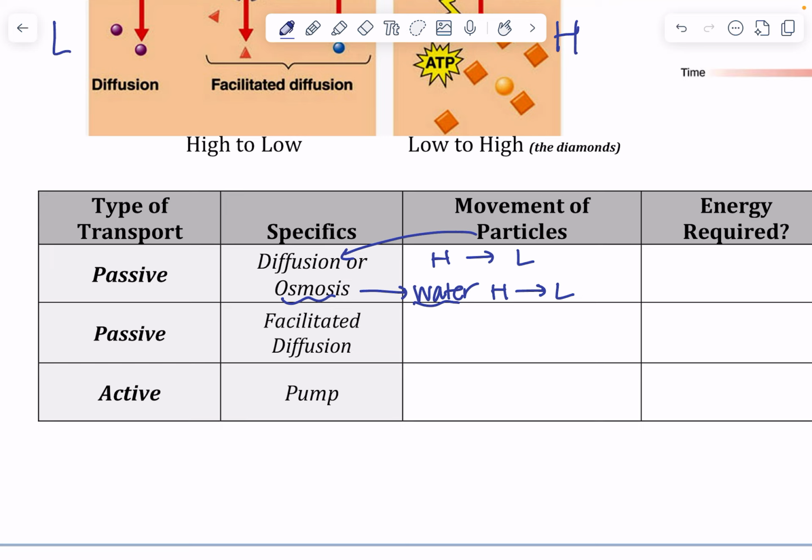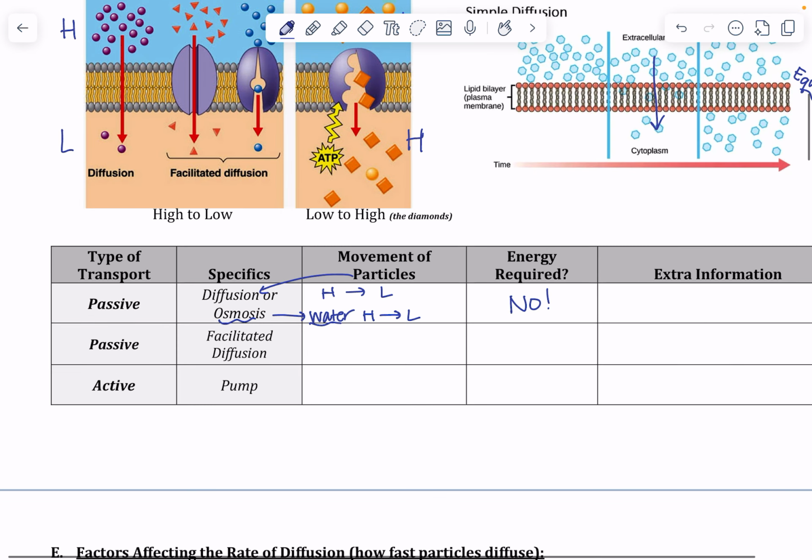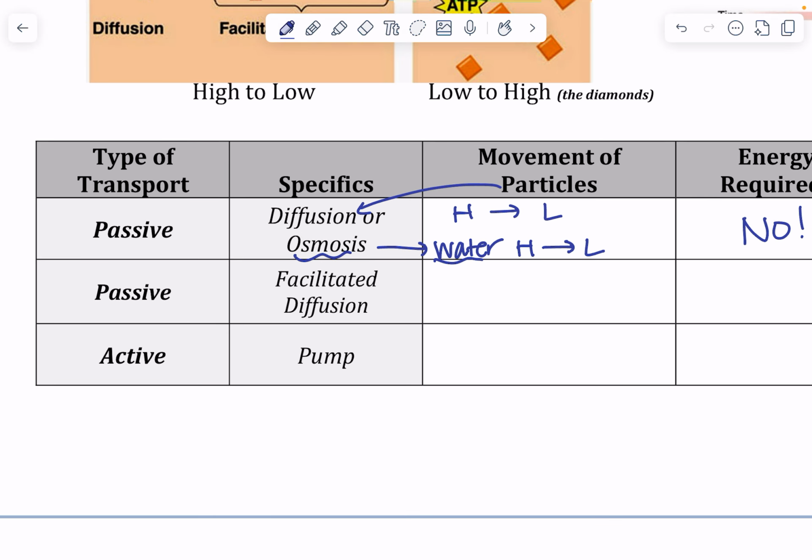Diffusion is the movement of particles or solute from high to low concentration, and osmosis is the movement of water from high to low concentration. No energy required because it's passive. Any extra information here that we need? Let me think. I don't think so for this one. Facilitated diffusion means the particles are moving from high to low again.